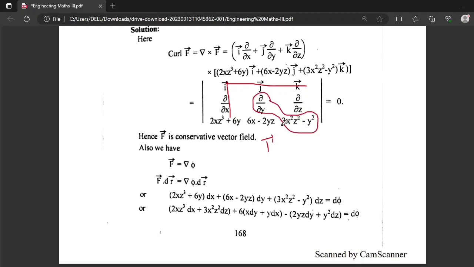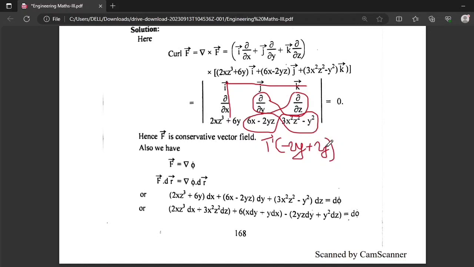There is no y in the first term, so the derivative of the constant is 0, and for −y² the derivative with respect to y is −2y. Minus ∂/∂z of (6x − 2yz): there is no z in 6x so it is 0, and minus minus plus, so 2y is the constant and the derivative of z with respect to z is 1.